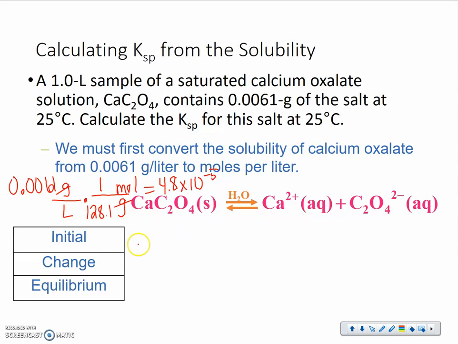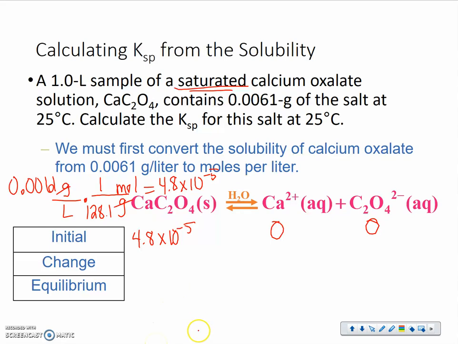Okay, so that's the initial concentration. Now what we are going to assume is that because this is a saturated solution, all of my calcium oxalate is going to dissolve. So that means that every time the CaC2O4 is in water, it's going to break apart.